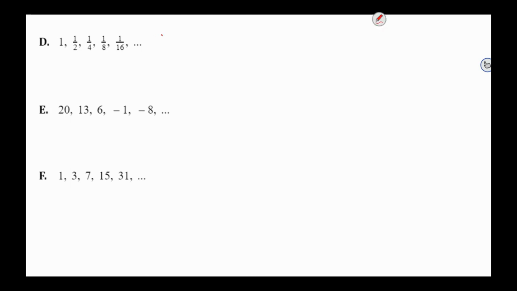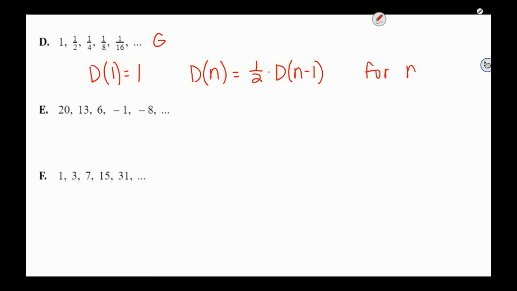So this one was geometric, which you multiply by 1/2. Step 1 was 1. To get any step, you multiply 1/2 times the answer to the step before it, for n greater than or equal to 2.